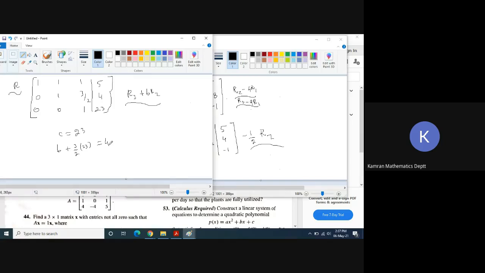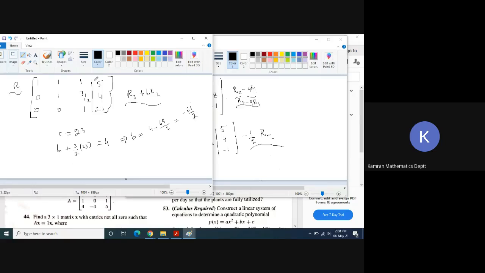This implies that B is equal to 4 minus 3 by 2 times 23, that is 3 threes are 9 and 6 by 2. 8 minus 69, minus 61 by 2.